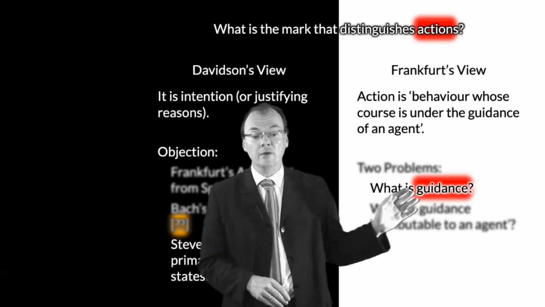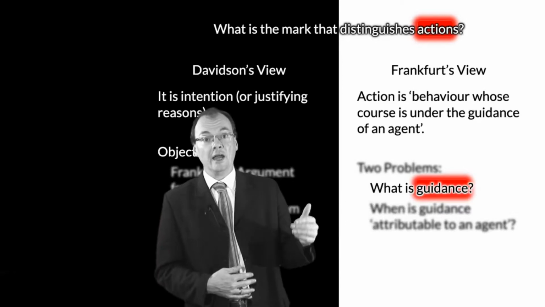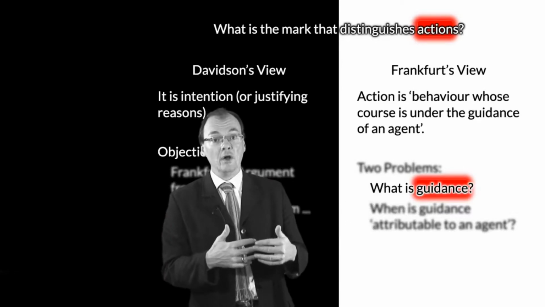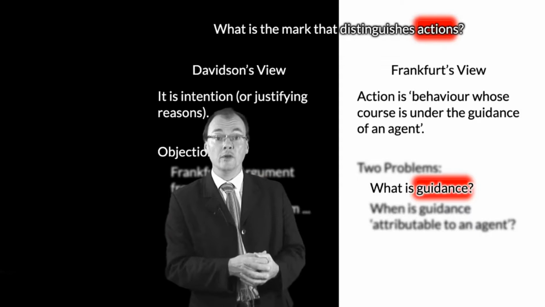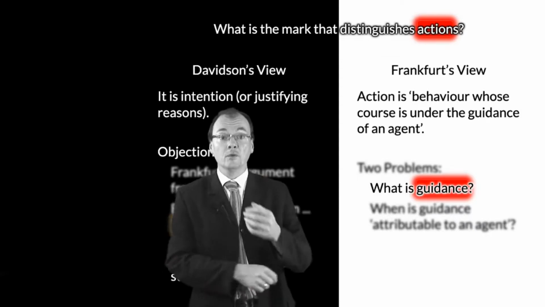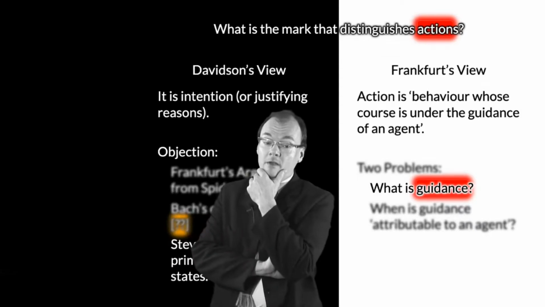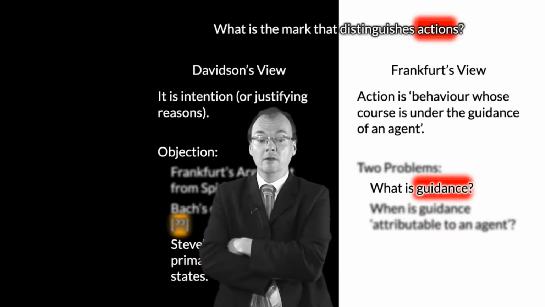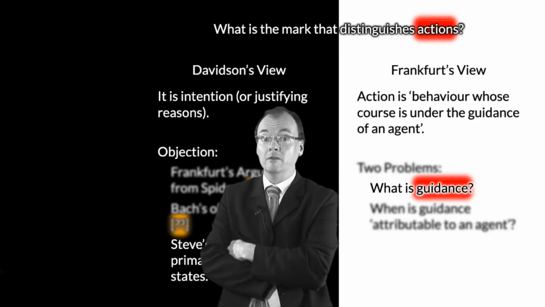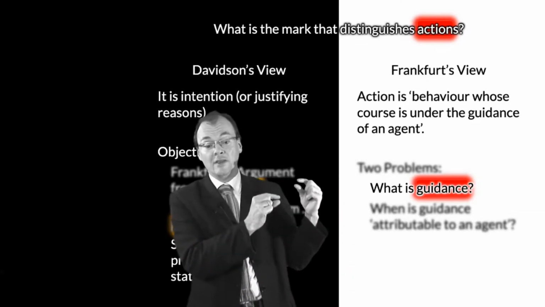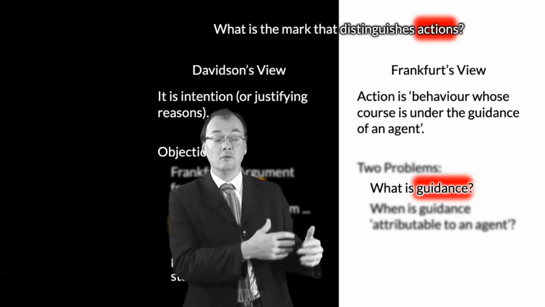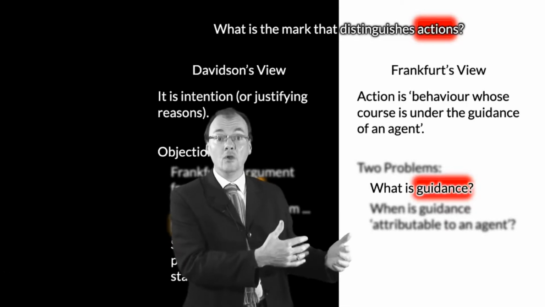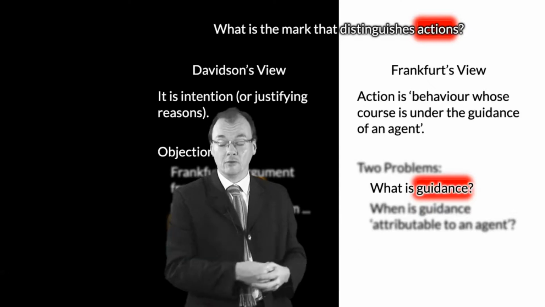If we think about those stimulus-driven actions which are explained by the rat's aversion or the human's aversion, then of course there's going to be a limited role here for guidance. So the idea that action is behaviour whose course is under the guidance of an agent is going to look pretty thin if we recognise that the rat not entering the magazine, you not eating the papaya, is an action.